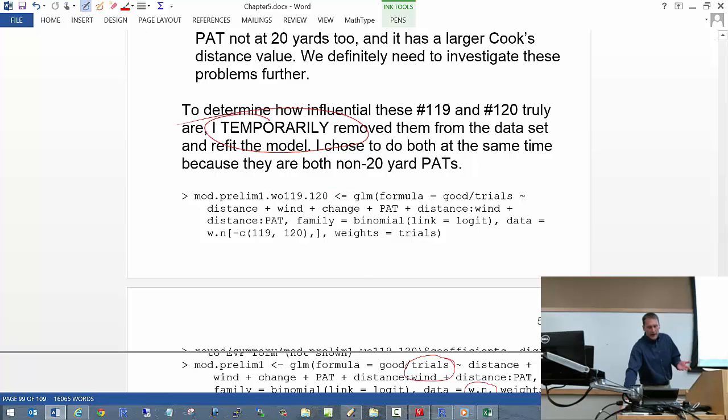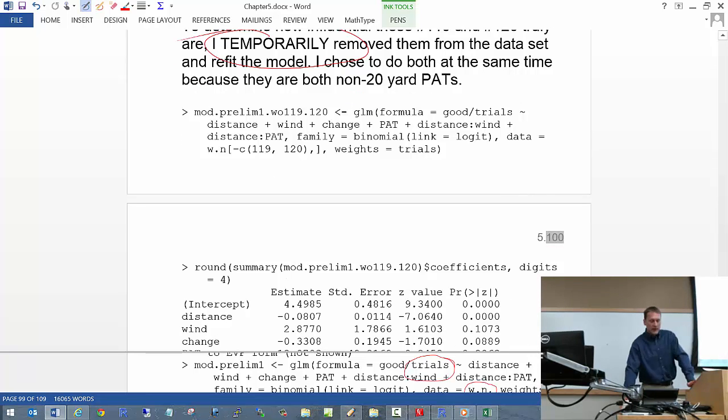So, to estimate the model then without 119 and 120, it's very easy. I use exactly the same code as before to estimate the model, but in the data argument for GLM, I say I do not want rows 119 and 120. And the way to do that is to put a negative in the row index and put in the rows 119 and 120.